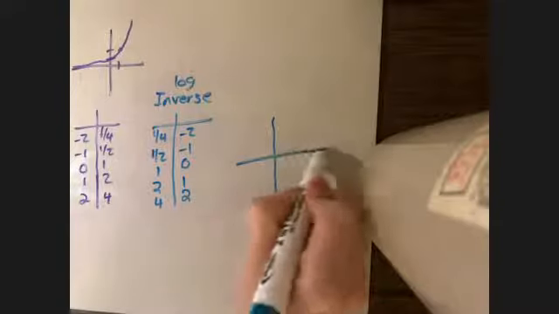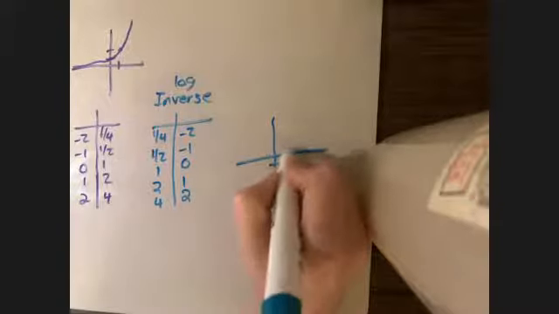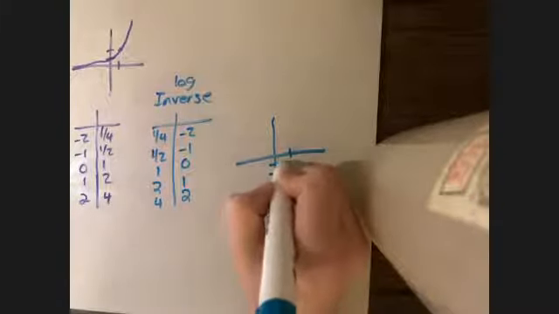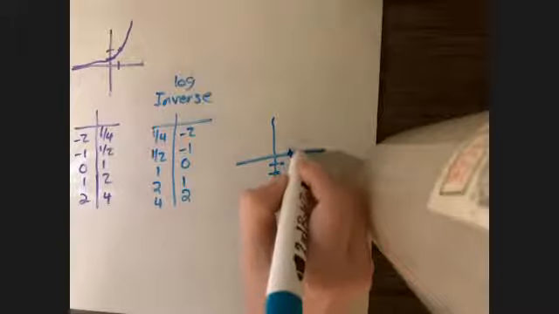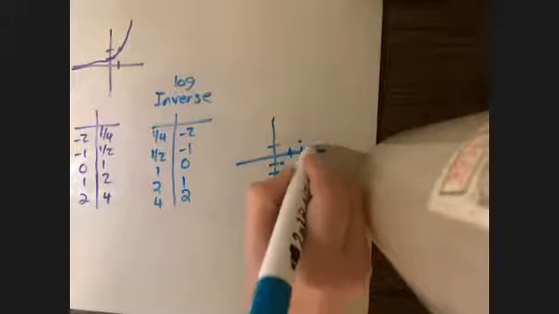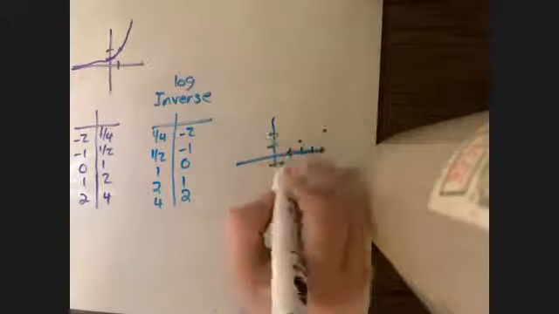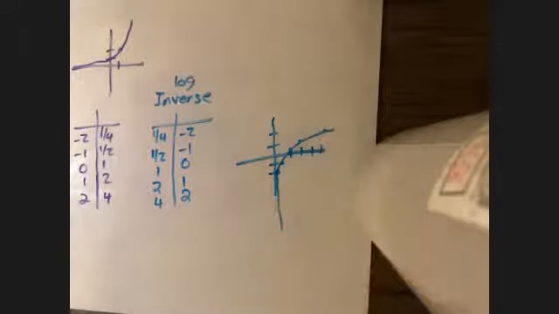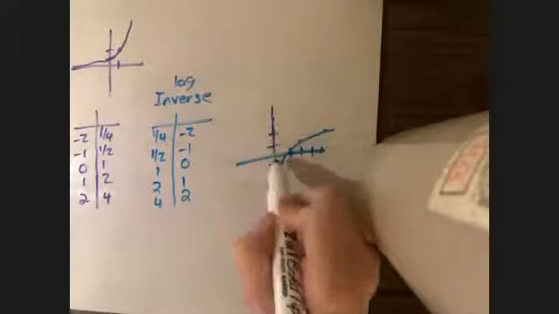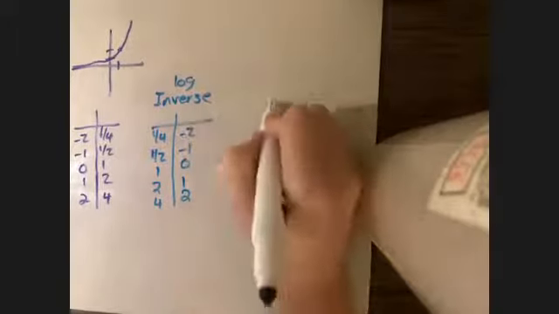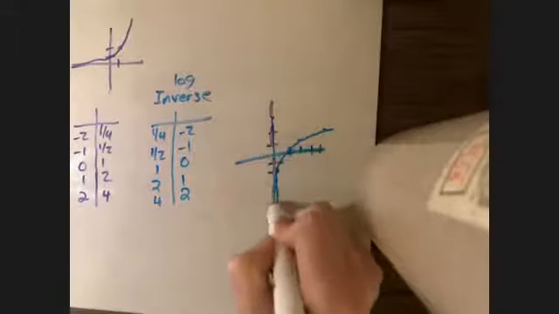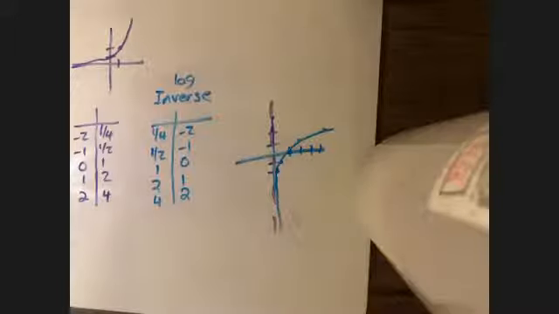So when we look at this graph, this graph looks like this. And instead of having a horizontal asymptote, this one has a vertical asymptote.